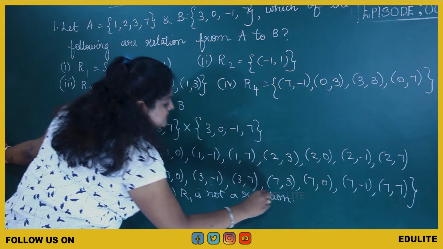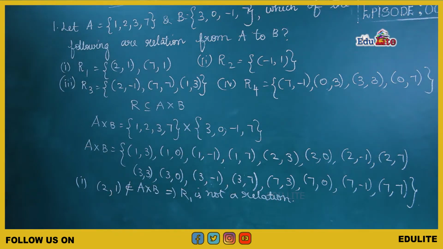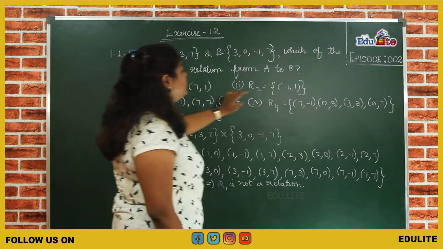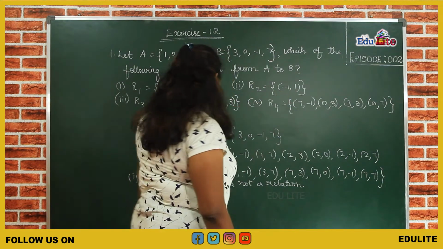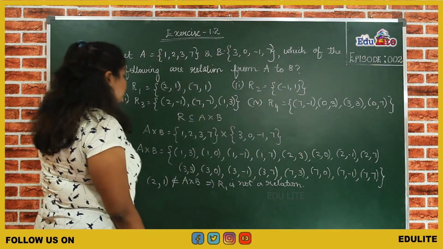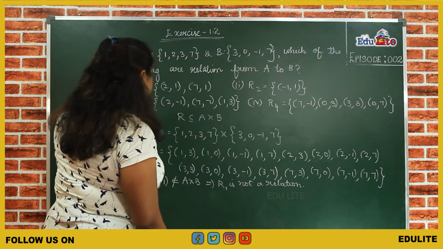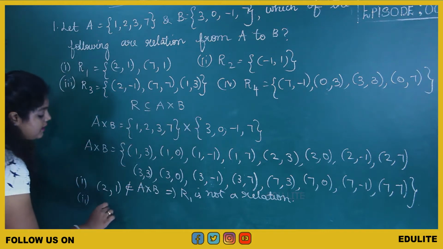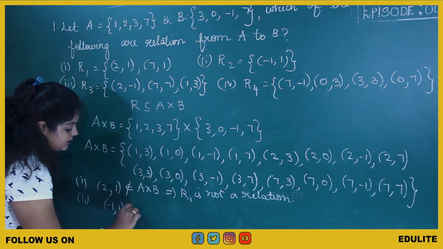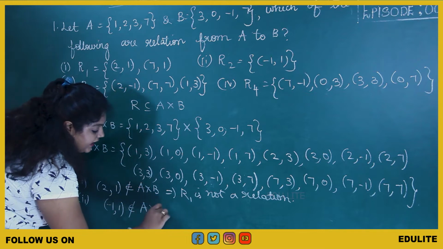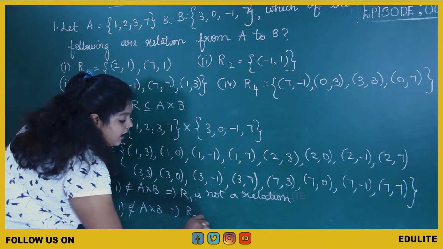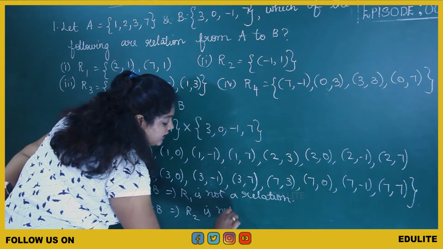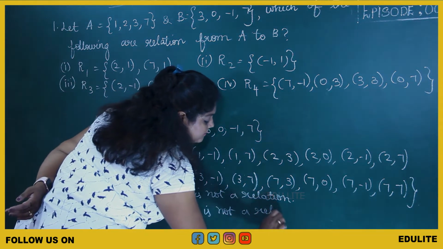Moving on to the second subdivision, we have (minus 1, 1). We will check whether (minus 1, 1) is in A cross B. No, it is not. Therefore R2 is not a subset of A cross B, so R2 is not a relation.